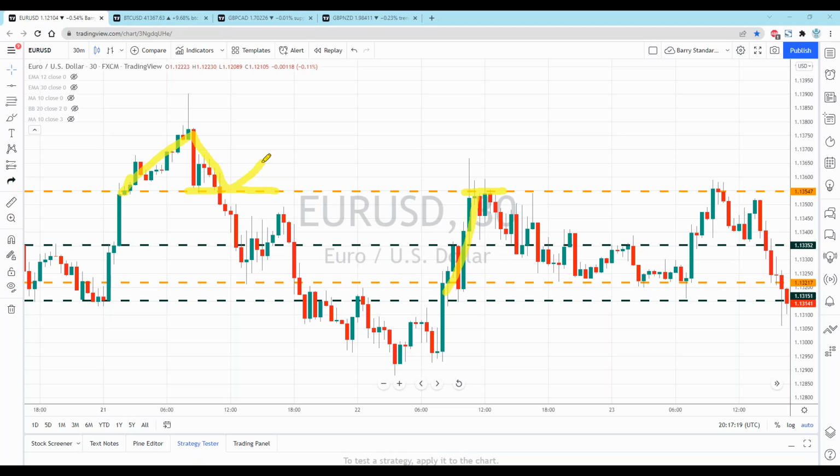In other words, we know one of the key psychological levels of gold is 1800, 2000, 1500. So when price is moving up and gold is down at 1450, we know that 1500 is a resistance level for gold. It's not saying gold's not going to go to 1600. It's just an important level that we should be paying attention to.